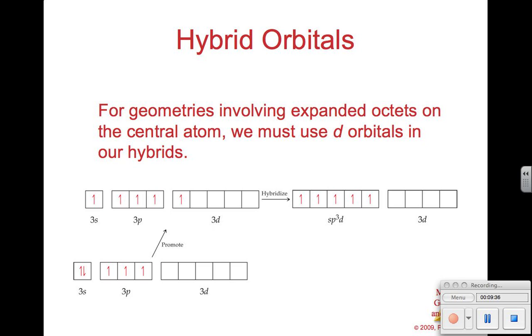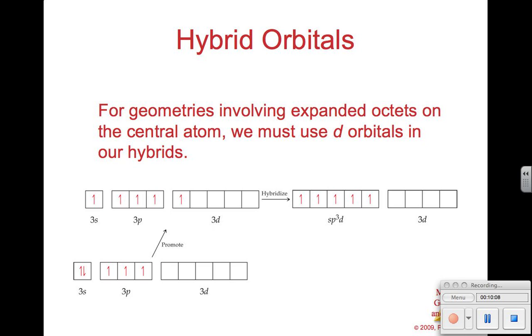So you can get an sp3d hybridization where you're promoting a single electron into the d subshell and getting a situation where you can have 5 bonds, okay? An element that might do this would be phosphorus.